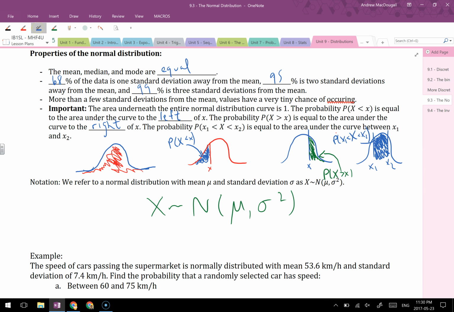For example, if I had a normal distribution with mean 3 and standard deviation 4, I can represent that this way. Remember, this is the standard deviation squared that we put in there. That's just notation, just so you know if you see N(3, 16), you know what that means.